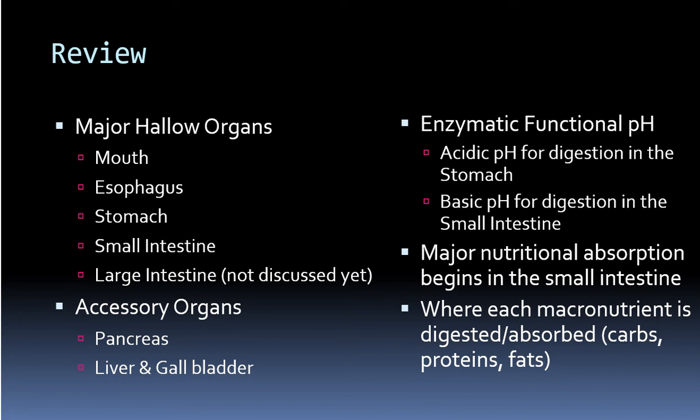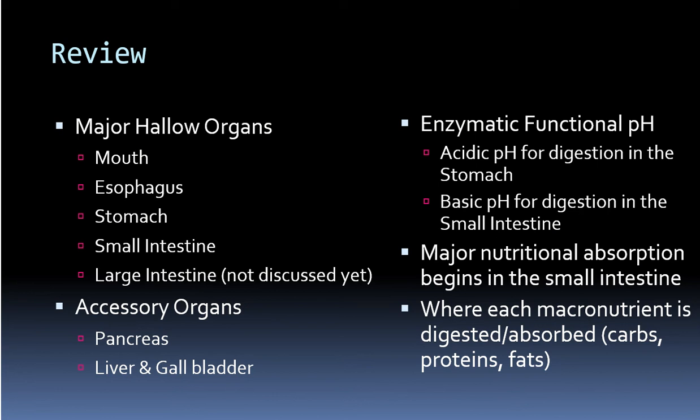Or the enzymes of the small intestine need to be in a basic environment in order to be active, which is why it's good that the pancreas delivers sodium bicarbonate into the small intestine to help neutralize the stomach acid. Also discussed was that major nutritional absorption begins in the small intestine, whereas in the stomach and the mouth, only digestion was occurring, as opposed to absorption of any kind.